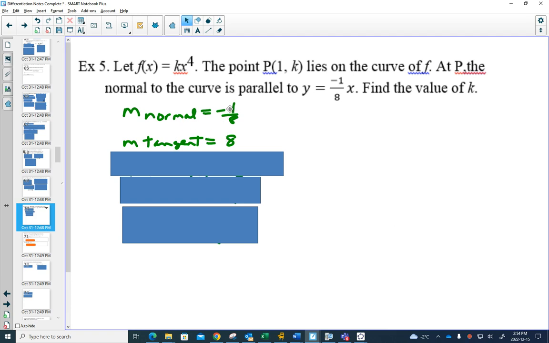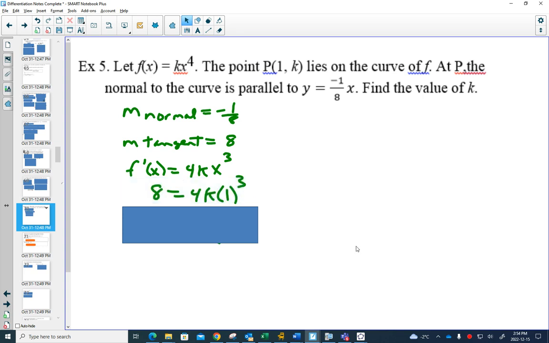And if we know the slope of the normal, we know the slope of the tangent. And if we know the slope of the tangent, that means if we find the derivative, we know that when x is 1, the slope of the tangent is 8. So I can plug in 1 for x and 8 for the derivative. That lets me solve for k, and k is equal to 2.